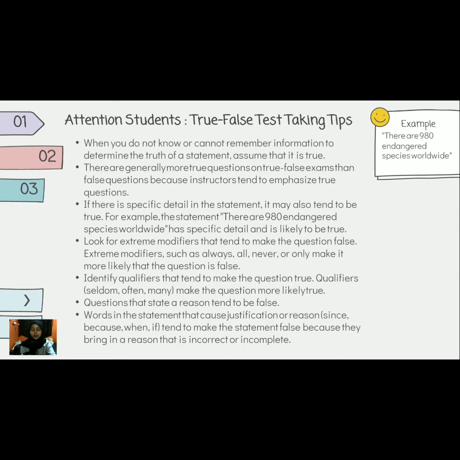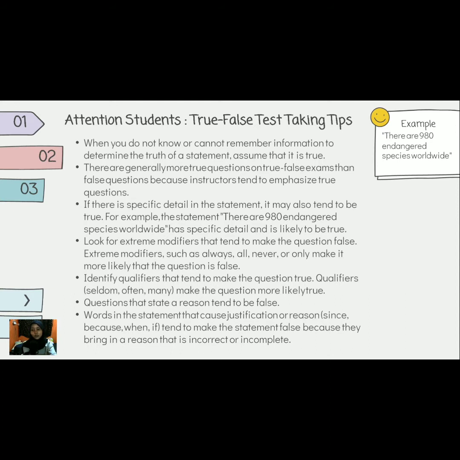Look for extreme modifiers that tend to make the question false. Extreme modifiers such as always, all, never, or only make it more likely that the question is false. Identify qualifiers that tend to make the question true.